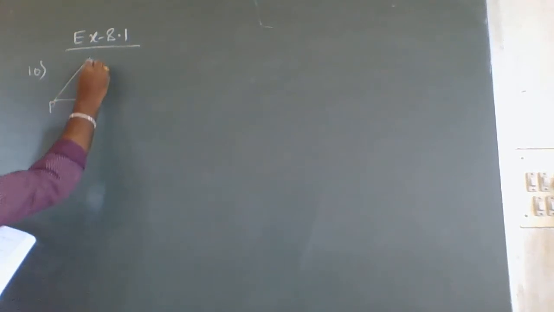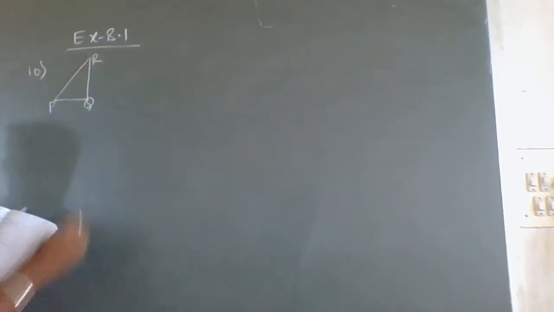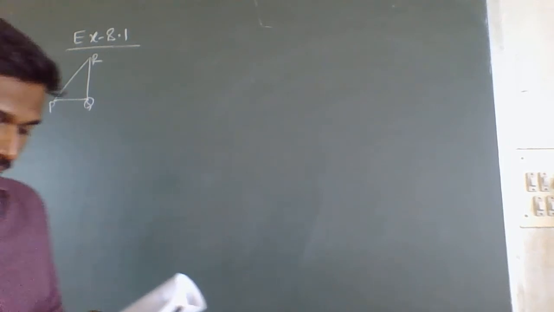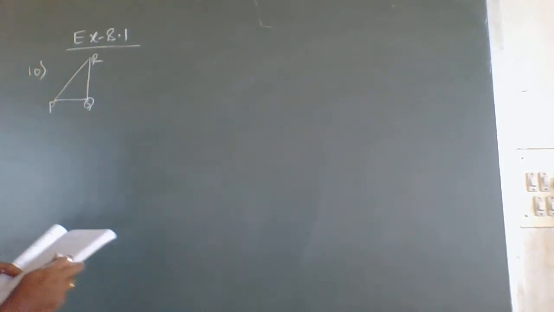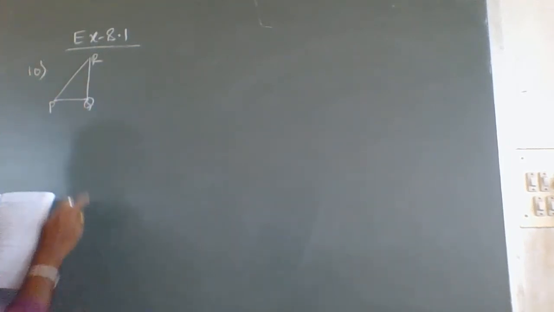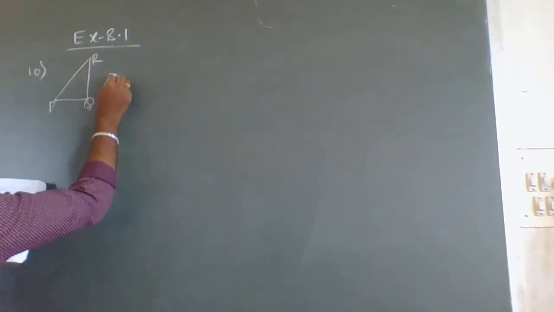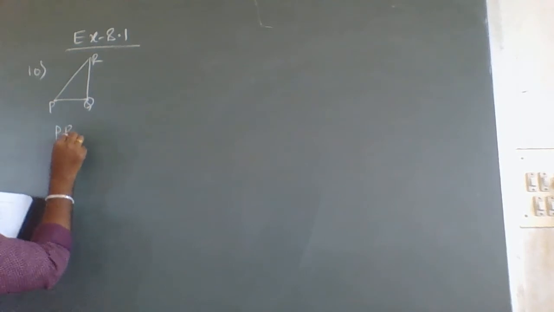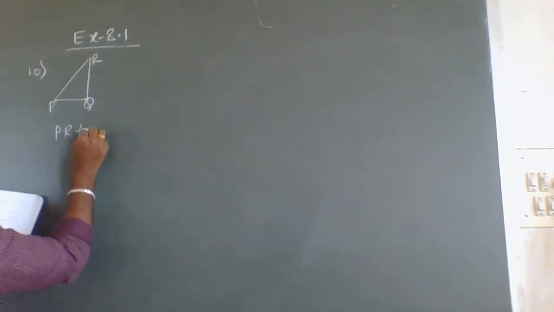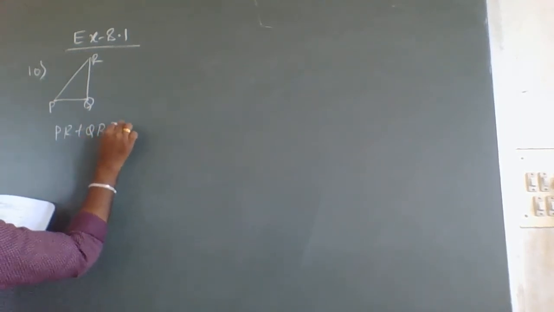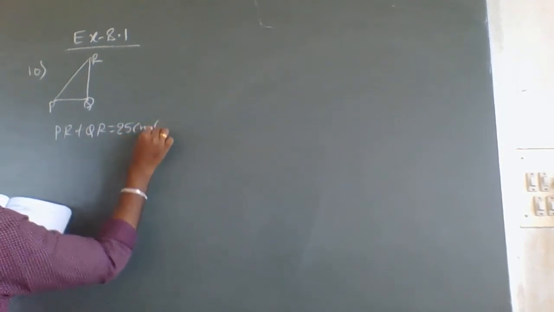So here I will name it as P, Q and R. And given that PR plus QR is equal to 25 centimeter. This is given.